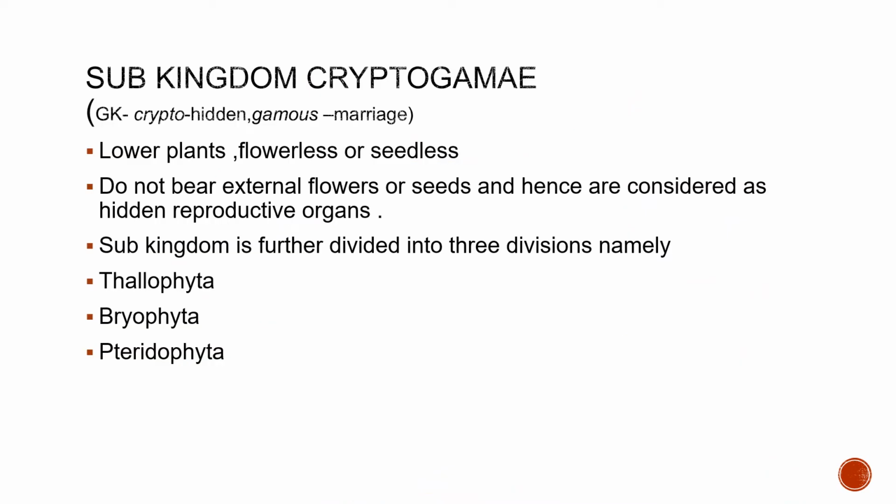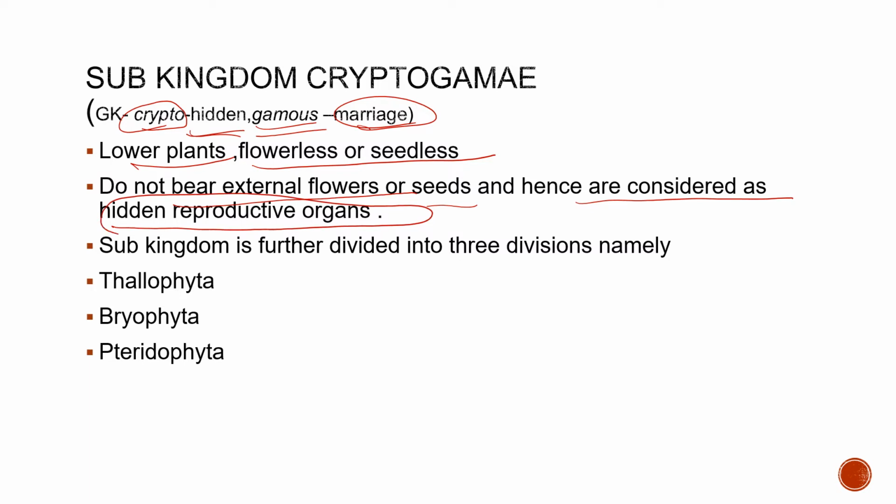Now we are here with the subkingdom Cryptogamae. We will discuss the characteristics of the subkingdom Cryptogamae. What does the term crypto mean? Crypto means hidden and gamus means marriage. These plants are considered lower plants, and they are flowerless and seedless. They do not bear external flowers or seeds, and hence they are considered as having hidden reproductive organs.